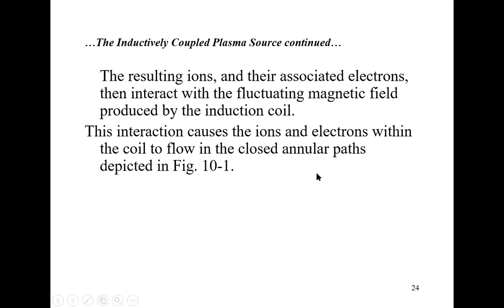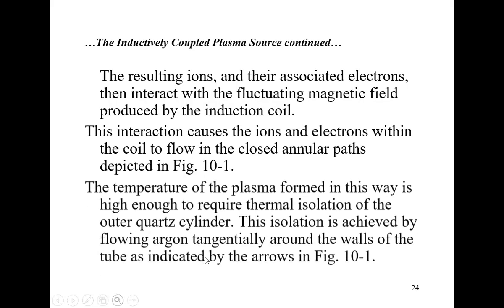So that is what is causing those annular paths. And you have the temperature of the plasma that is formed with this electric field, and the plasma is high enough to require thermal isolation of the outer quartz cylinder.